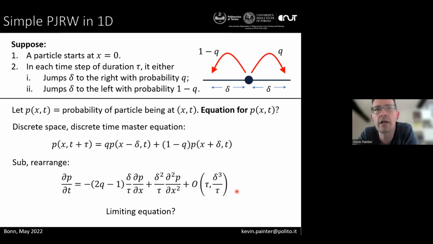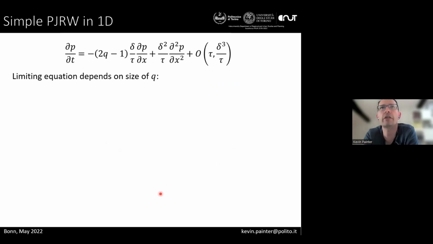And the question we ask at this point is, from this, what sort of limiting equation can we obtain? So we substitute and rearrange, we get to this, and we then look at the limiting equation. Here's where we have to be a little bit careful, because the limiting equation that we get is clearly going to depend on the size of q.